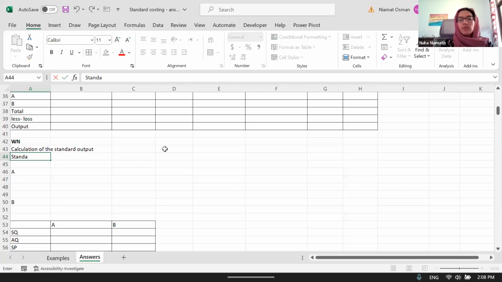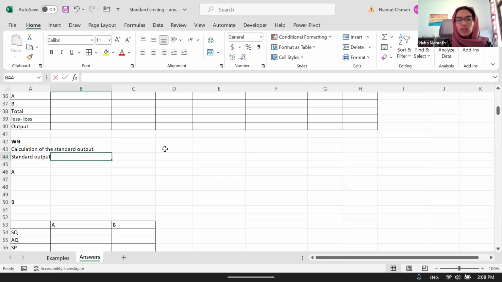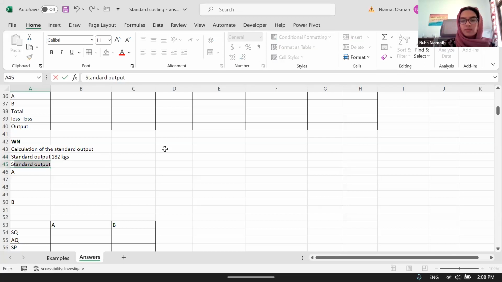Okay, we have a standard output here of 182 kg, correct? Now we have input minus 10% of input is equal to 182 kg.